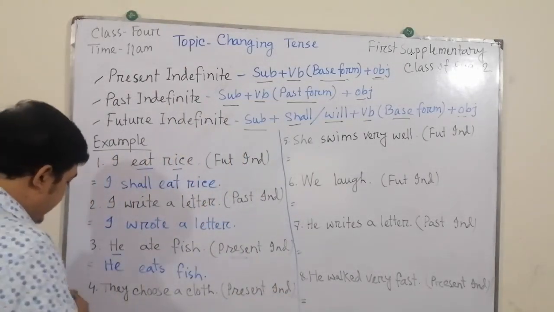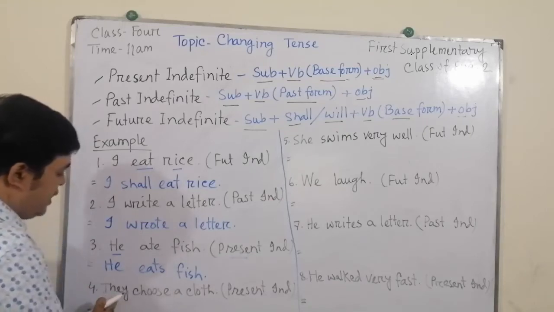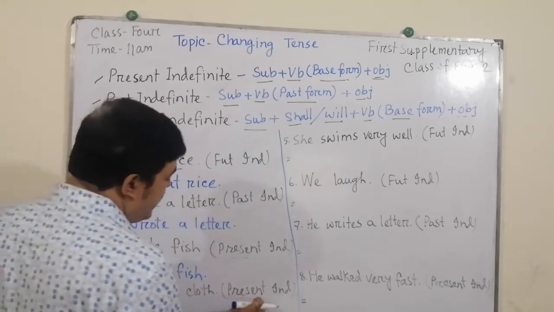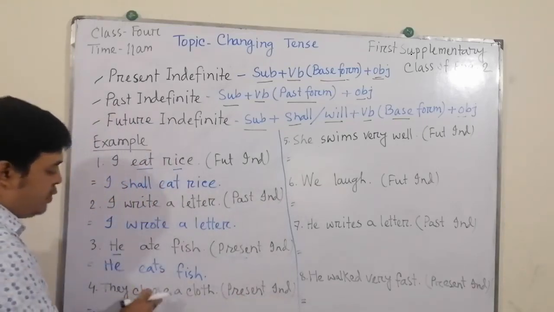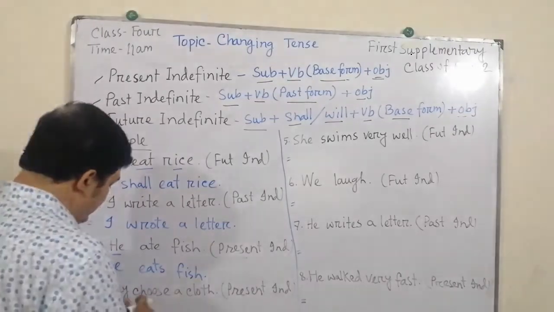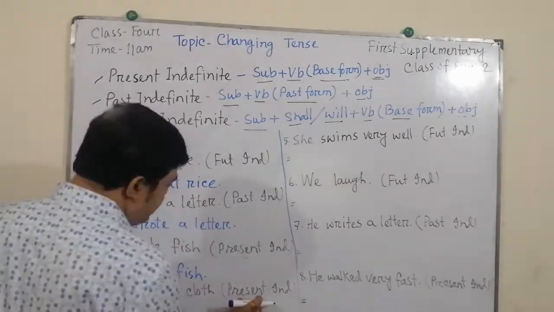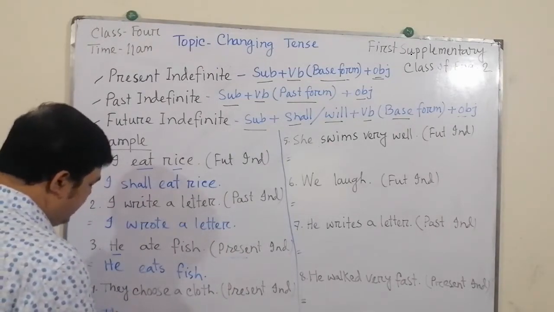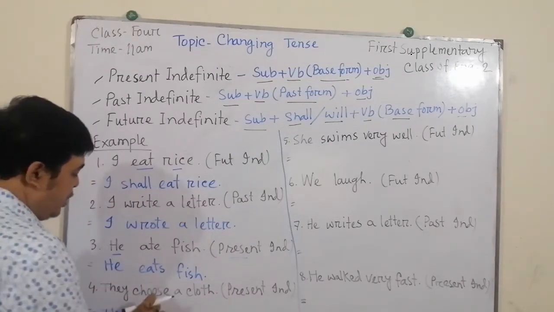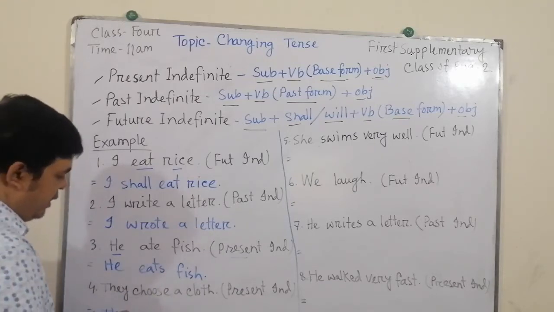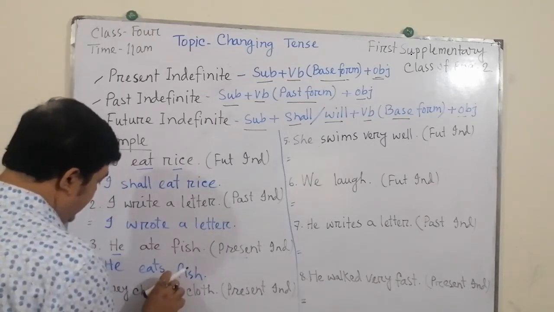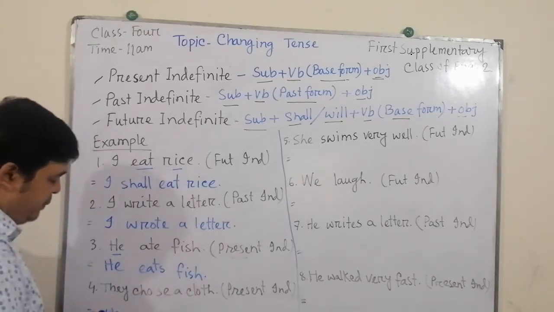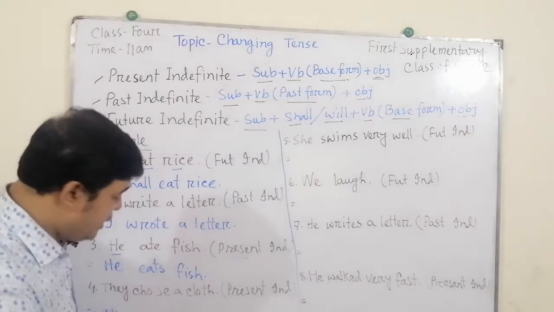Then comes the next one: they choose a cloth, present indefinite. So what should we make? Present indefinite. So we have put they, the subject, and choose, C-H-O-O-S-E.